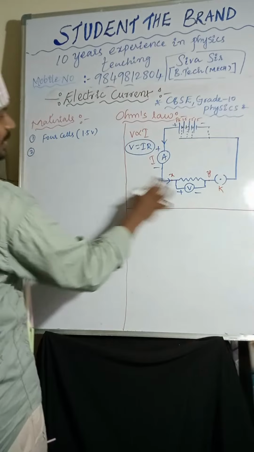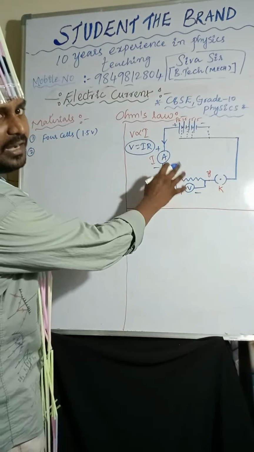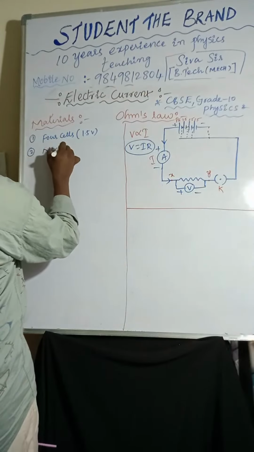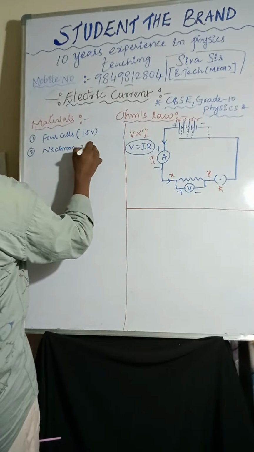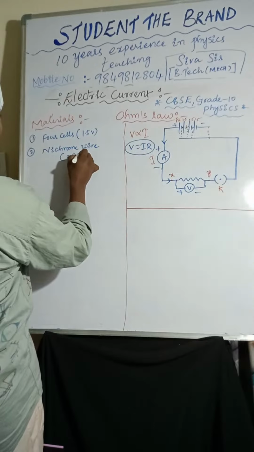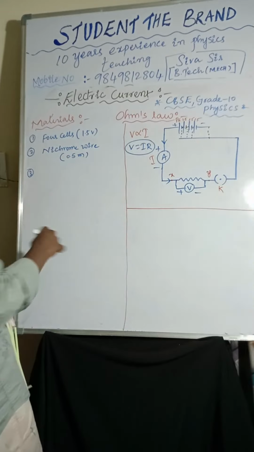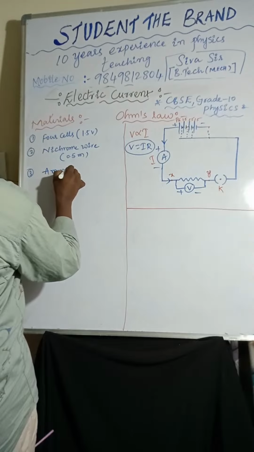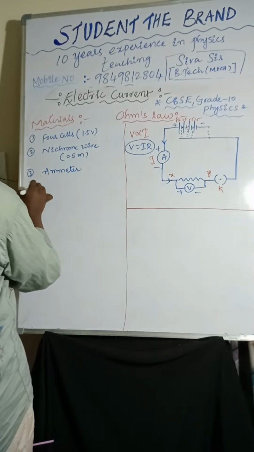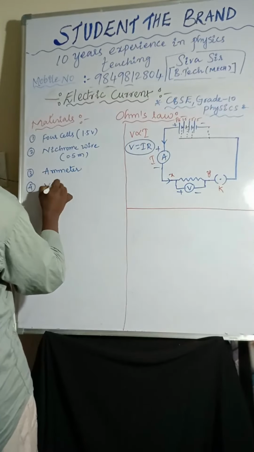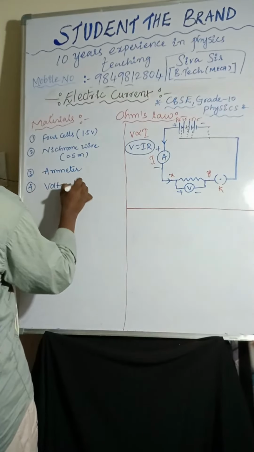Second one, nichrome wire, which is an alloy of nickel, chromium, manganese and iron metals, 0.5 meter length. Third, ammeter. Fourth, voltmeter.